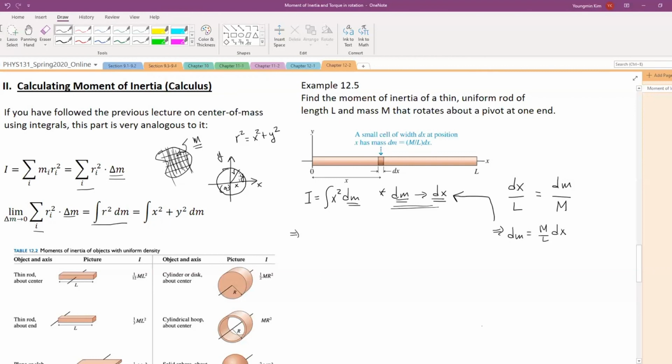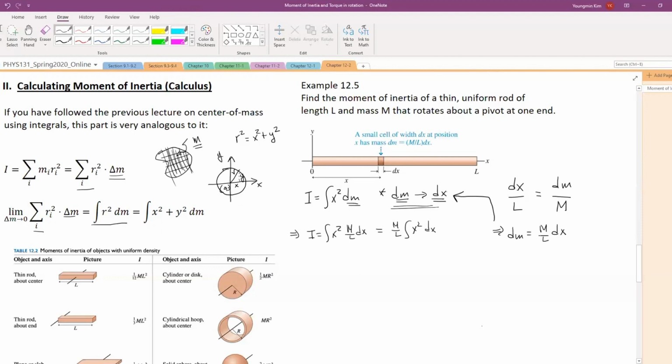And this is the substitution that you're going to make. So here, I becomes the integral of x squared dm, and for dm I have m over L dx, where m over L is constant, so I have m over L times the integral of x squared dx.